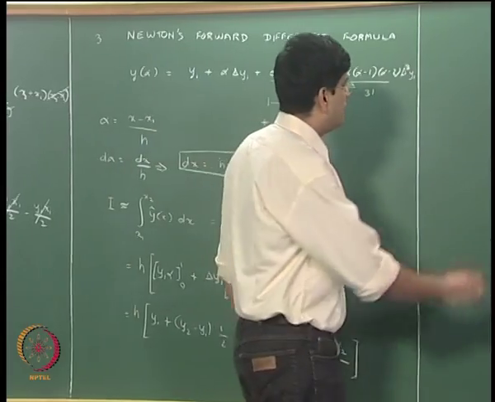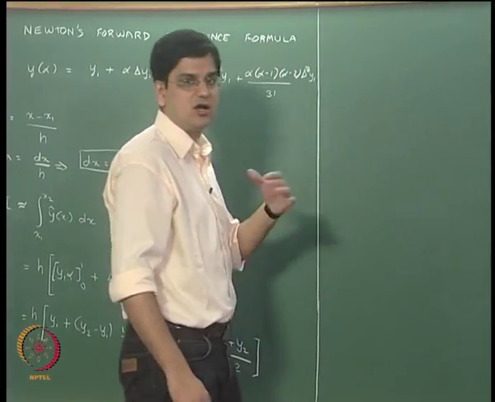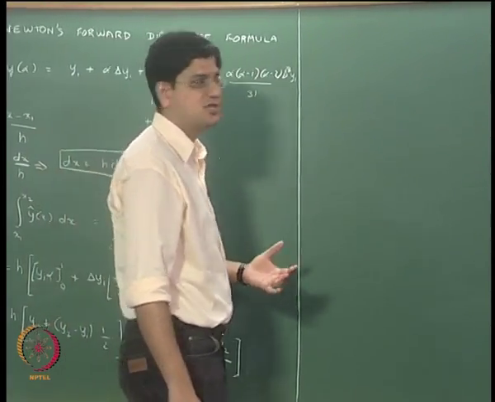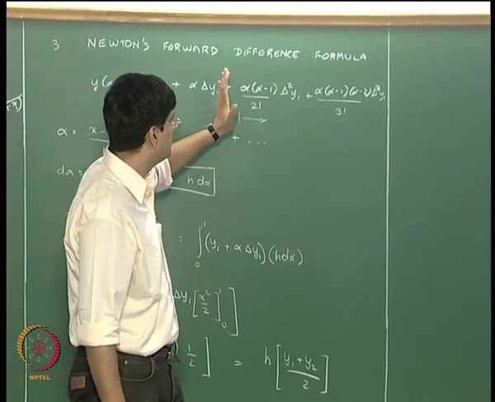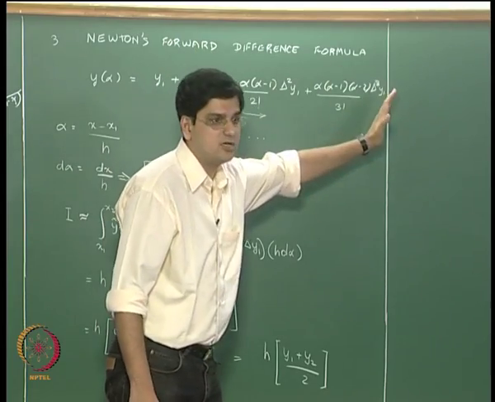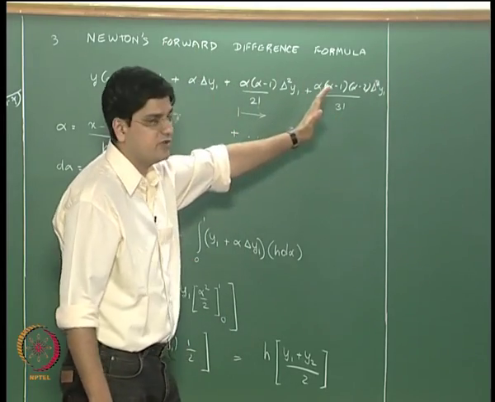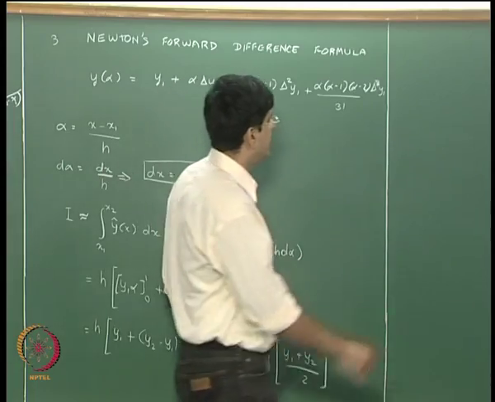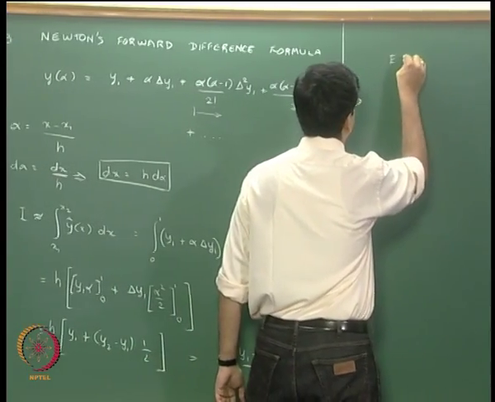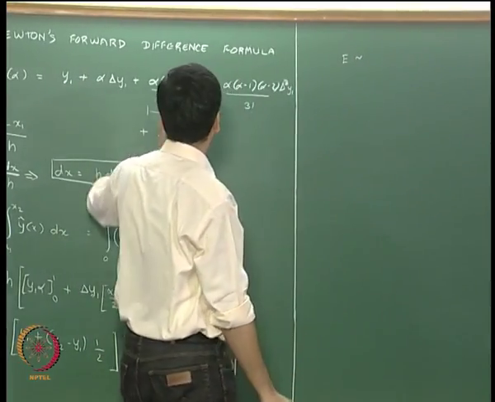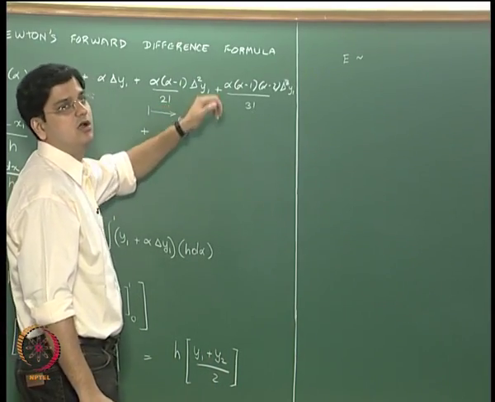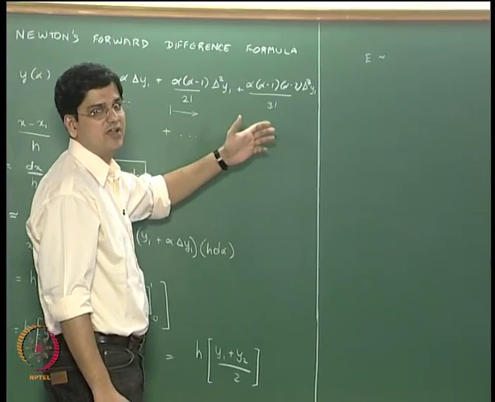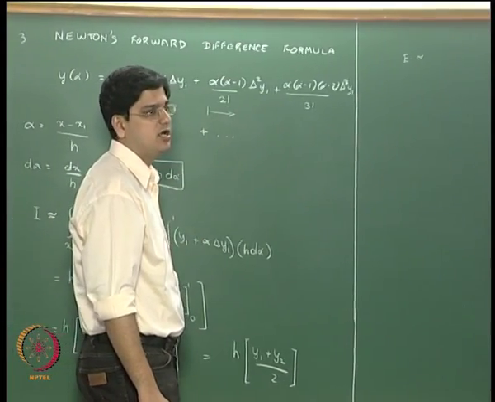So the error of this method, and this was something that I did not cover in the previous lecture, using the mean value theorem, actually it can be proved that the terms that we are discarding from this point onwards, the error E is of the order of alpha multiplied by alpha minus 1 divided by 2 factorial f double dash of x, that's what it can be proved.